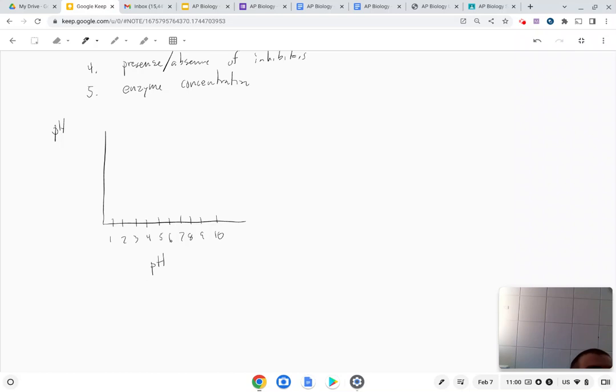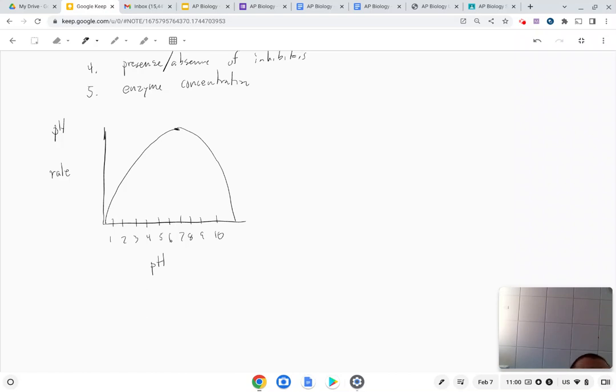You'd have to do 10 different experiments at different pHs, and then analyze the rate of the reaction at each of those pHs. For most enzymes, their highest rate of reaction is usually in the neutral pHs. And then as you get to the more extreme pHs, the rates go down.